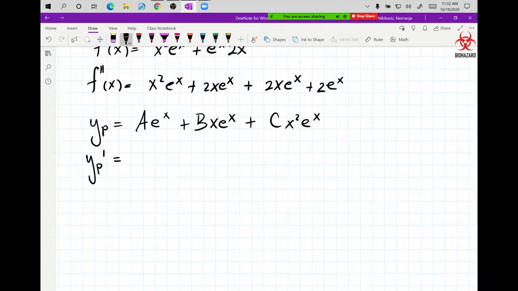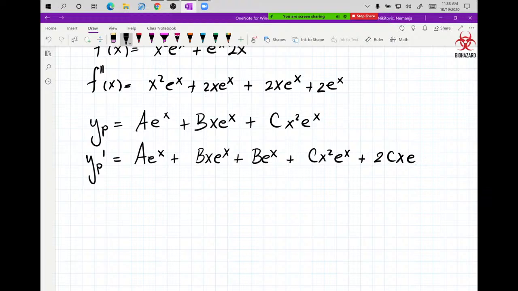All right, so now let's take the derivatives. A e to the x plus copy the first, derivative of the second, plus copy the second, derivative of the first, the bx e to the x, plus copy the first, derivative of the second, plus copy the second, derivative of the first.